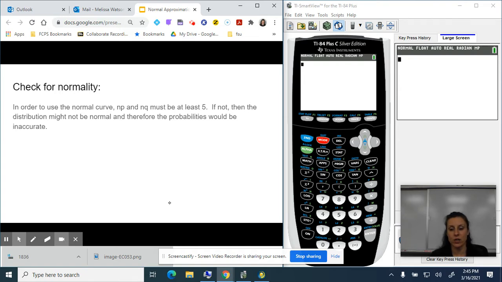So now what we're trying to do is use the normal curve to approximate those probabilities instead. Now, if we want to use the normal curve, we have to do a check for normality.